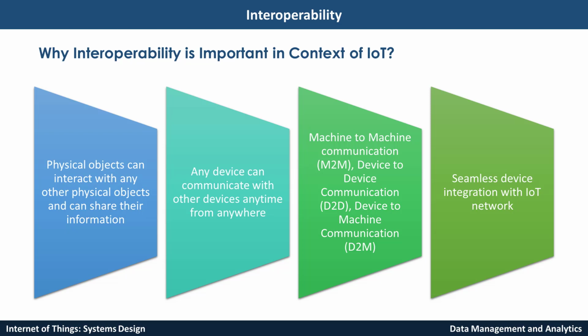Interoperability also enables machine-to-machine communication, device-to-device communication, and device-to-machine communication. It also helps seamless device integration into IoT networks. When a new device is joining a particular network, if the network and the new device are talking the same language, then they can validate and talk to the new device, ask for authorization and authentication, and then let the new device join the IoT network.